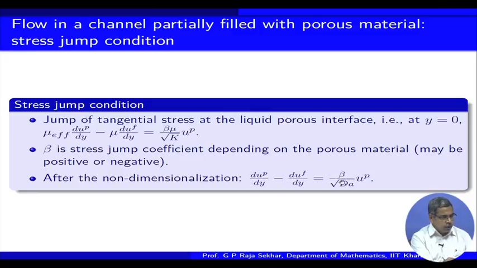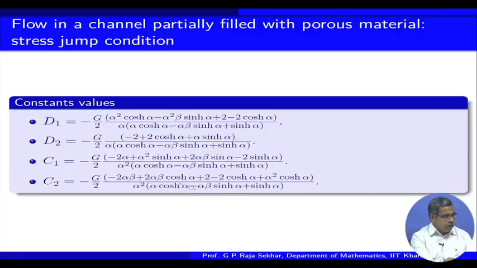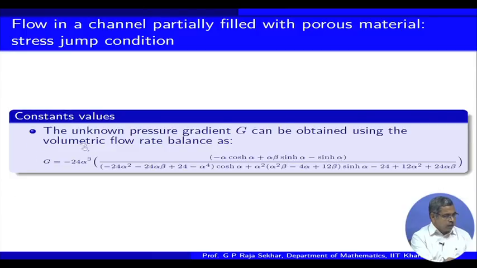If beta is non-zero, we can get various scenarios. Now the corresponding solution is obtained. As you can see, this time the coefficients are not only functions of alpha, that is indirectly the Darcy number, they are also functions of the stress jump coefficient. The pressure gradient can be estimated as usual.